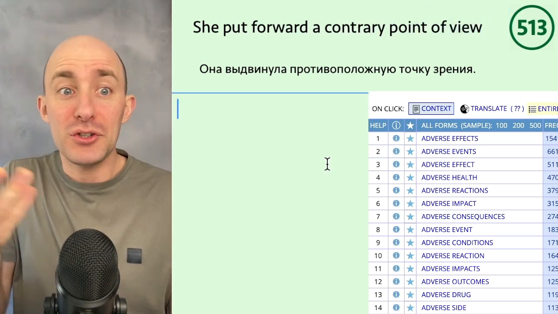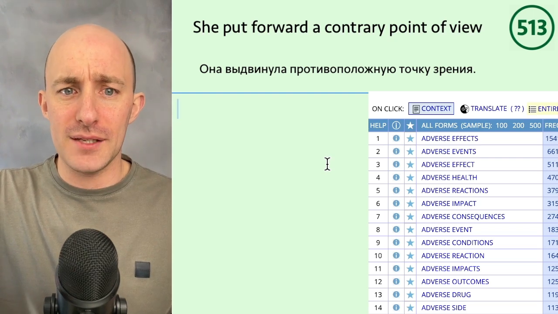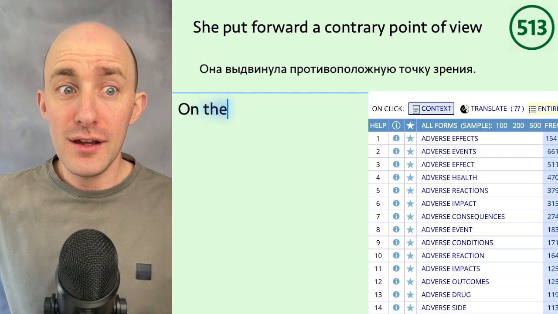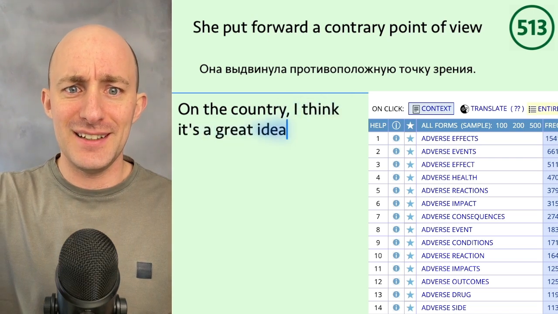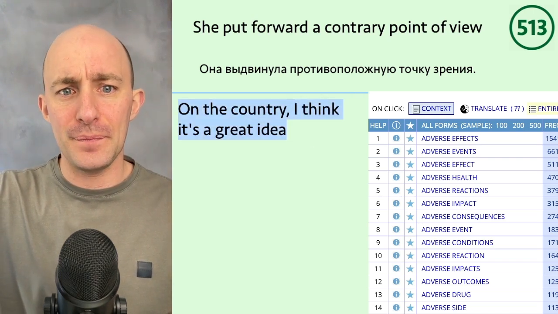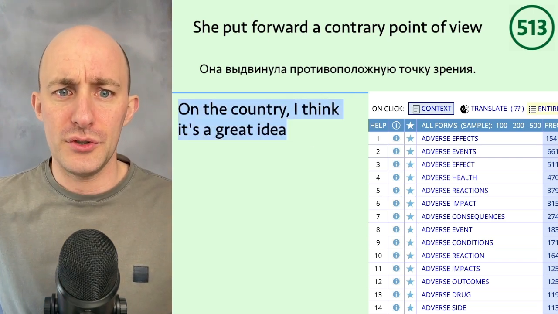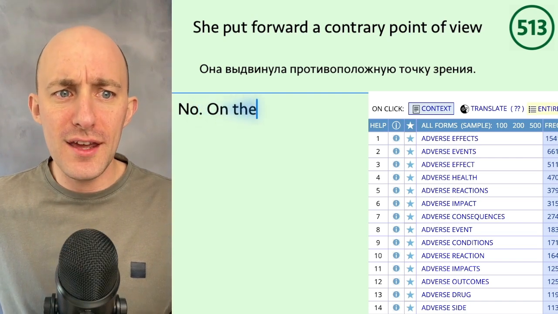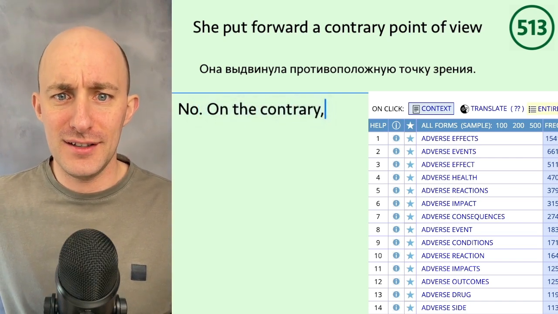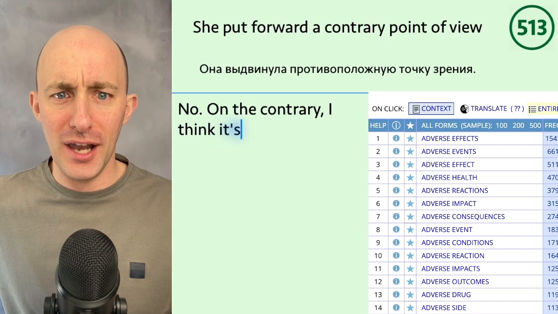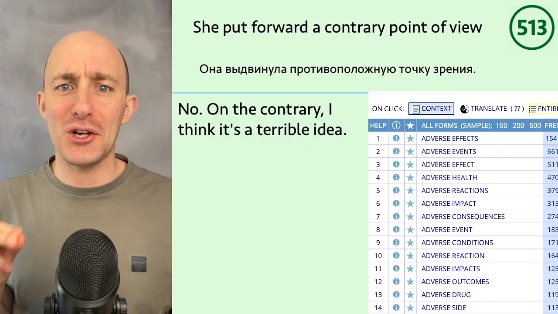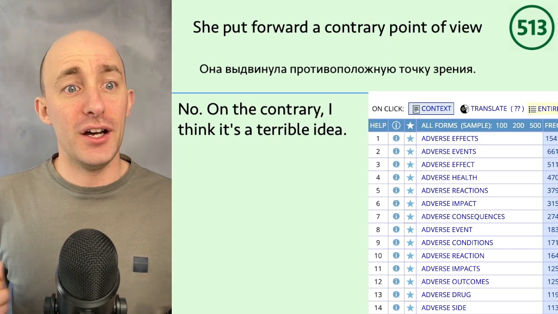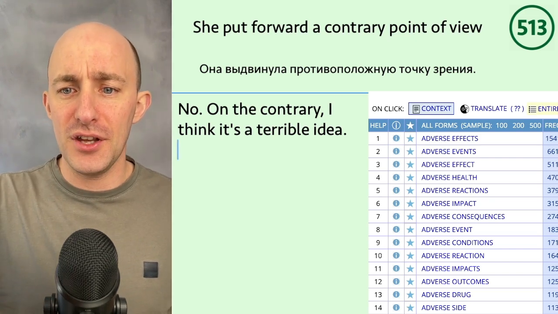The most common phrase with this word is, on the contrary, I think it's a great idea. Not country. On the contrary, I think it's a terrible idea. Наоборот. On the contrary. Or here we have a contrary point of view.